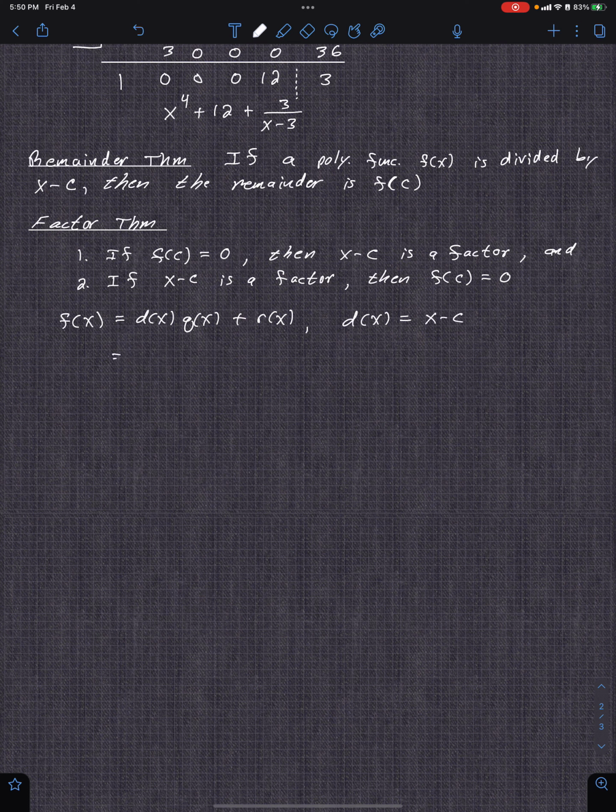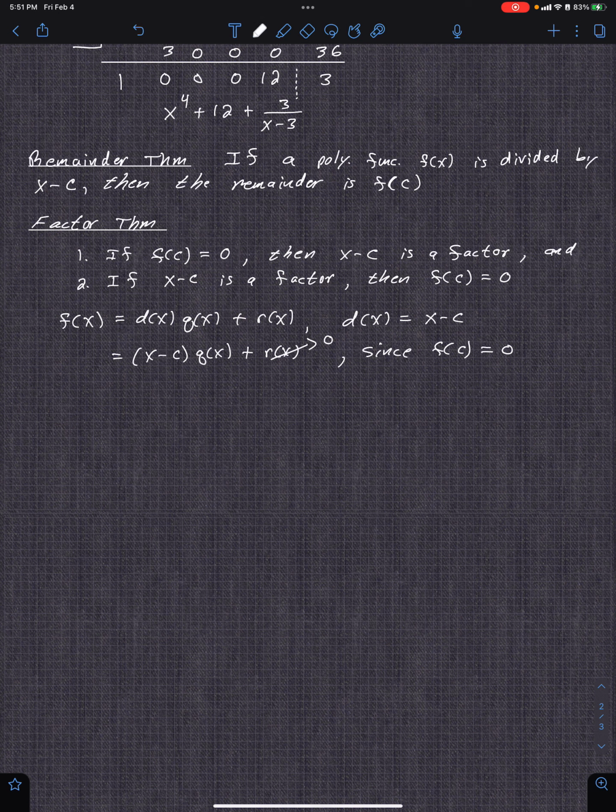Then you end up getting x minus c times q of x, plus r of x. But r of x must be 0 since f of c is equal to 0, meaning it's a factor.